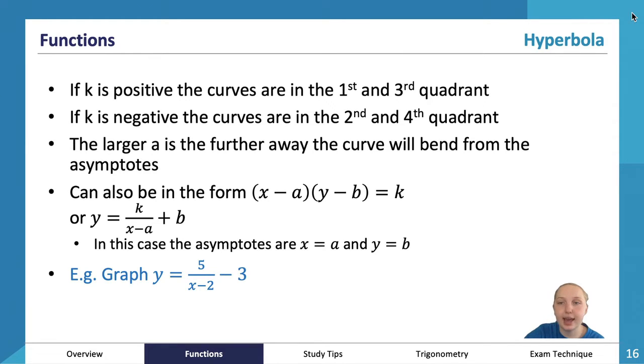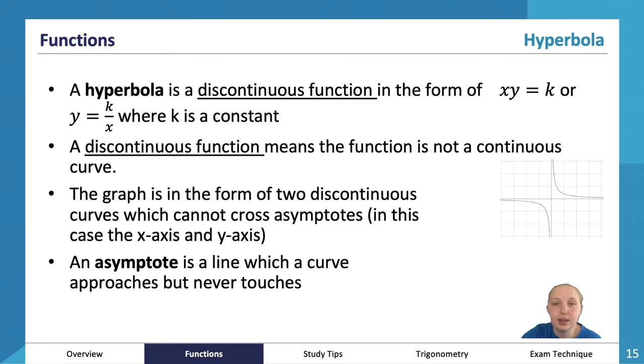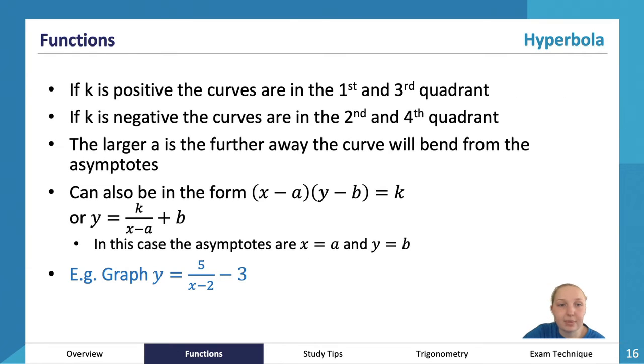Then when we're looking at our equation again, the larger our a is, that means the further away the curve will bend from your asymptotes when we're looking at the equation in this format, y equals k over x minus a, plus b, where a and b are the transformations you can do to your graph, where it'll move it left and right, up and down.